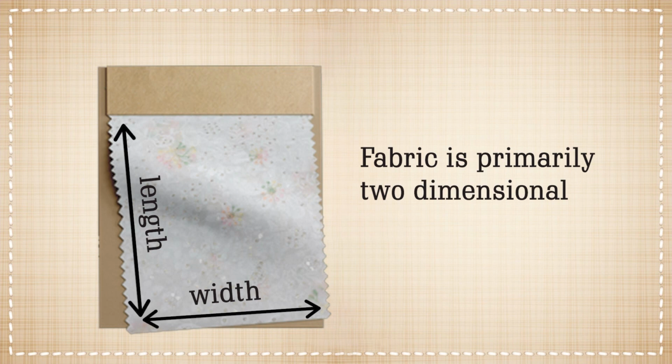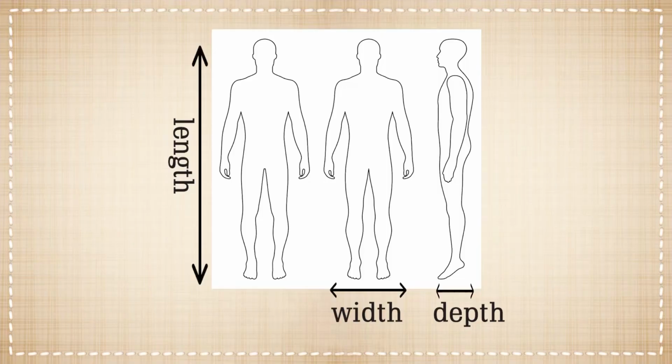And when we are trying to drape garments made from a two-dimensional shape and we want the garments to fit a three-dimensional form such as a body, it is necessary to shape the fabric to make it conform to the curves of the body.